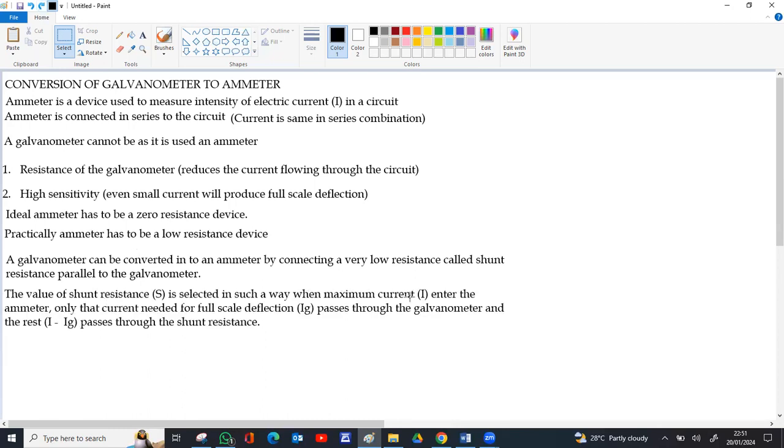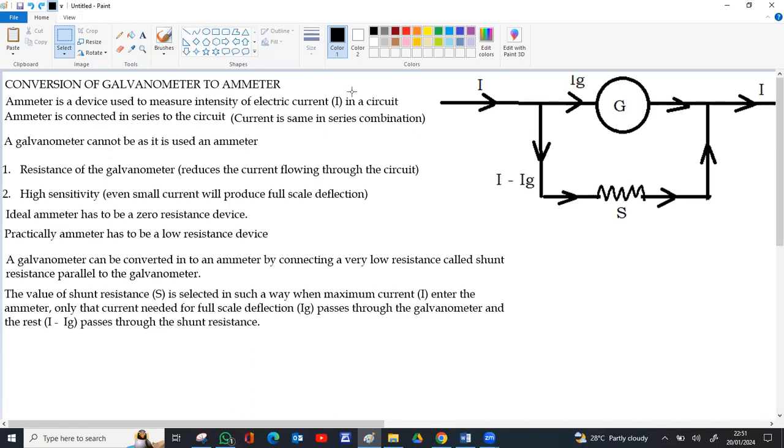So if I is the maximum current to be measured with an ammeter after conversion, before conversion the galvanometer can measure up to a maximum Ig. So you make a circuit like this. This is the galvanometer. You're connecting a shunt resistance parallel to it.